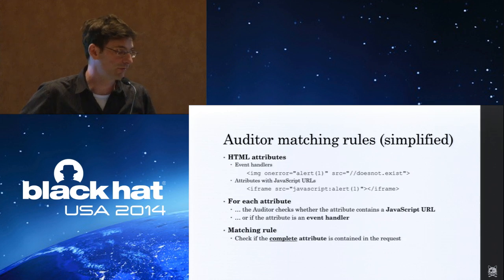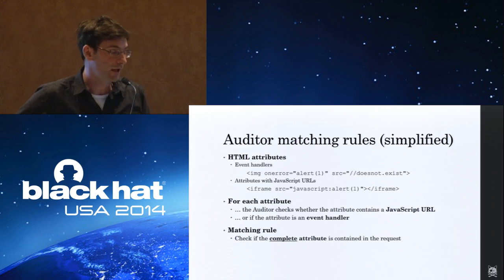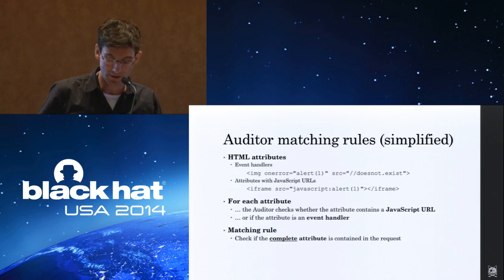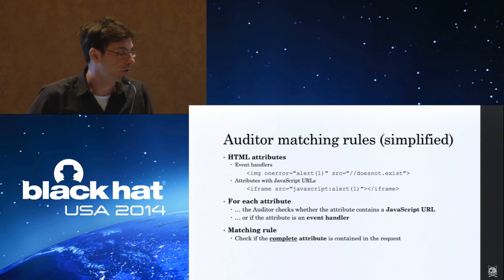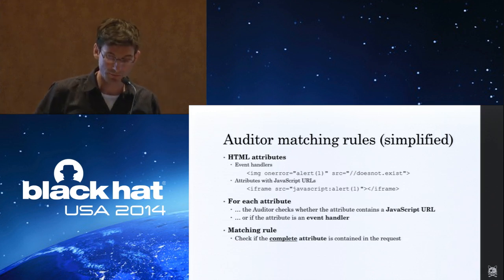So with text, only the JavaScript code has to be contained in the request. For attributes, also the attribute name, the equal sign and the quotes and stuff like that, has to be contained in the request. So if you have an onload=alert(1), the auditor will match against the URL, in this case, also the string onload=alert(1).